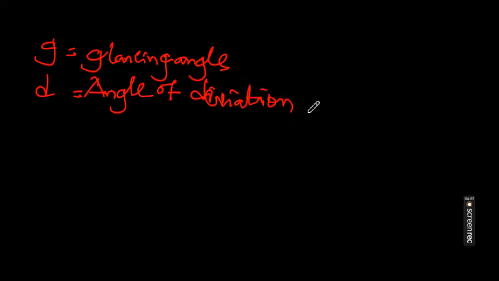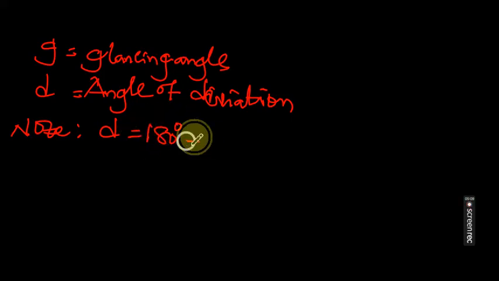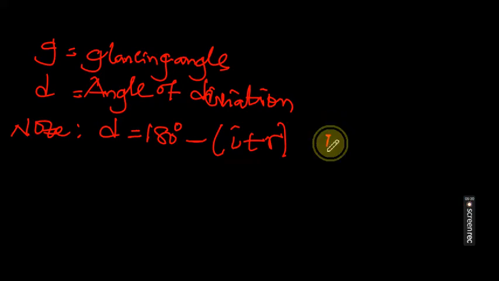Now take notes. Angle of deviation D, if you look at that, is the sum of angles on a straight line, 180 degrees, minus (angle of incidence plus angle of reflection). And you must know that angle of incidence I is the same thing as angle of reflection R, from the law of reflection.